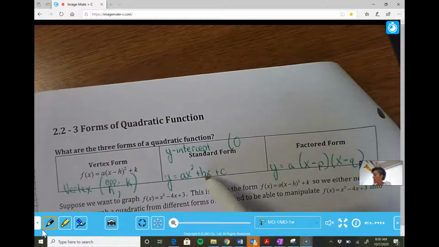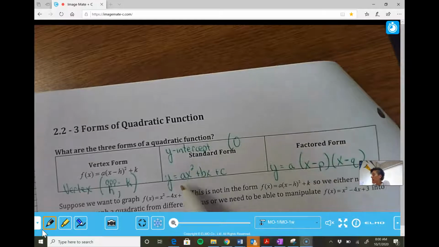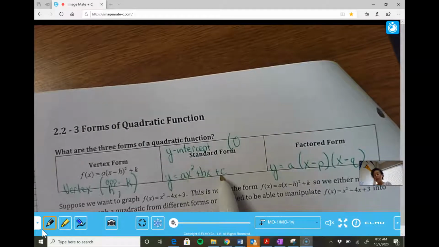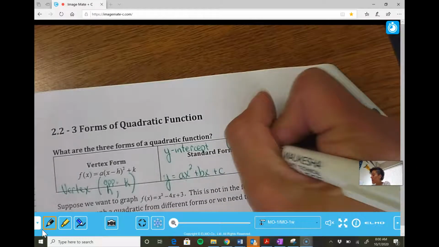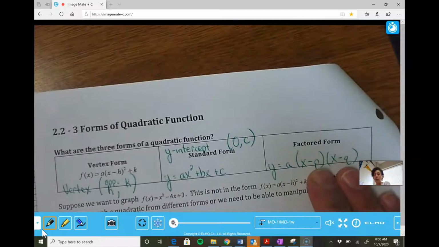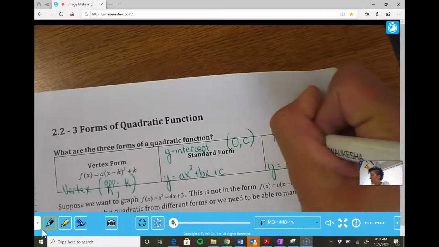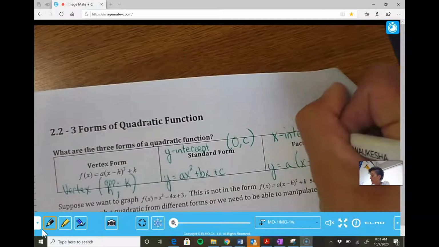And then if I put 0 in for x here, 0 times whatever this number might be is still 0. So I would end up with 0 plus 0. Basically, these 2 terms go away, and I would just be left with the c value. And so I can just see the y-intercept. And then factored form will tell you the x-intercepts, and we'll worry a little bit more about that later.